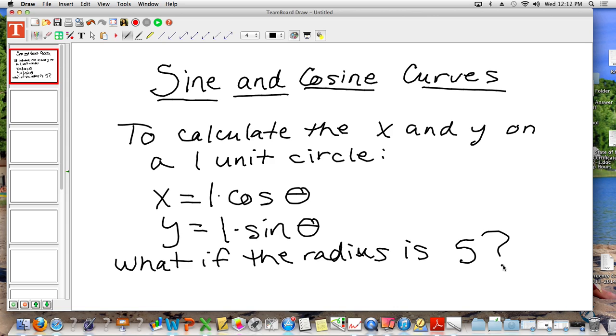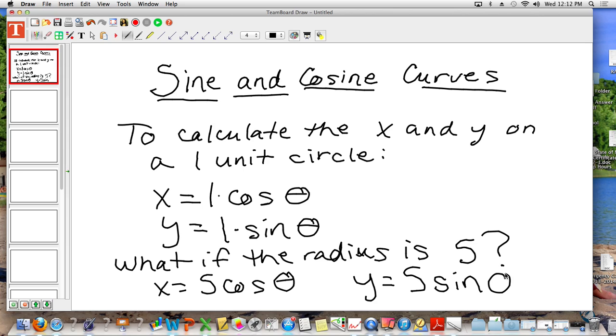Okay, good. What do you do if the radius is 5 instead of 1? What do you do to find the x value? Yeah, you're going to take 5 and multiply it by the cosine of theta. And if you want the y value, you take 5 times the sine of theta.